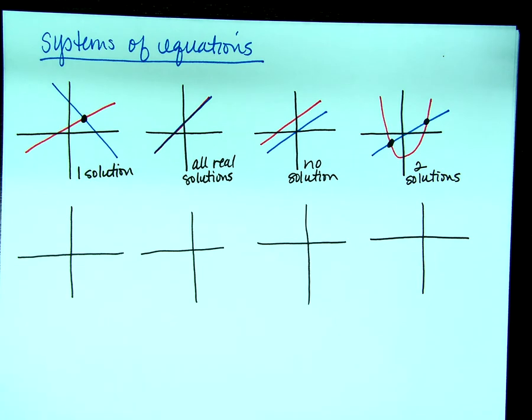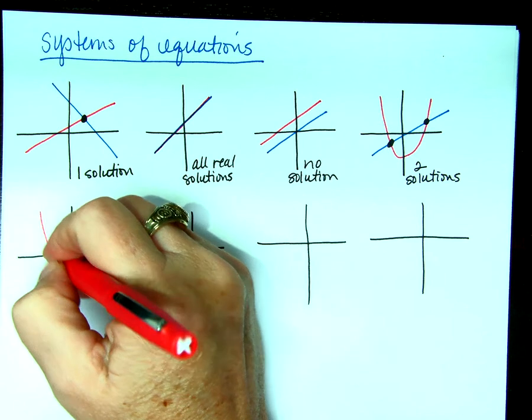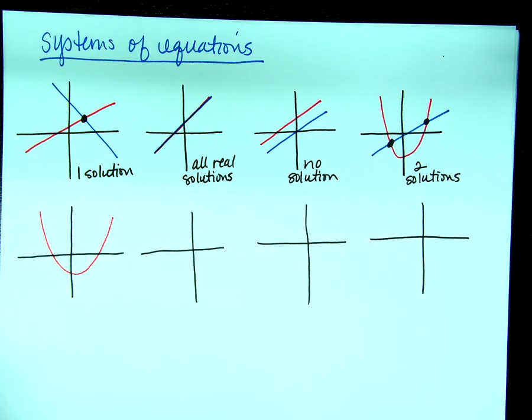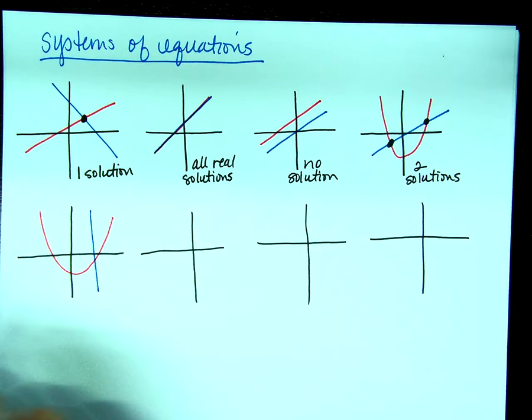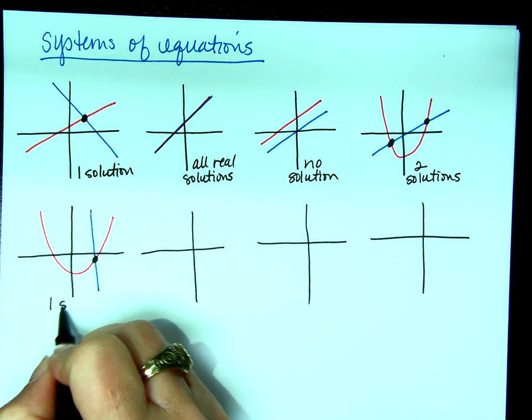What are other possibilities? One solution? Okay, what would one solution look like? So what would the other graph have to look like for it to? Oh, so a vertical line? I'm okay with that. Right? One solution.